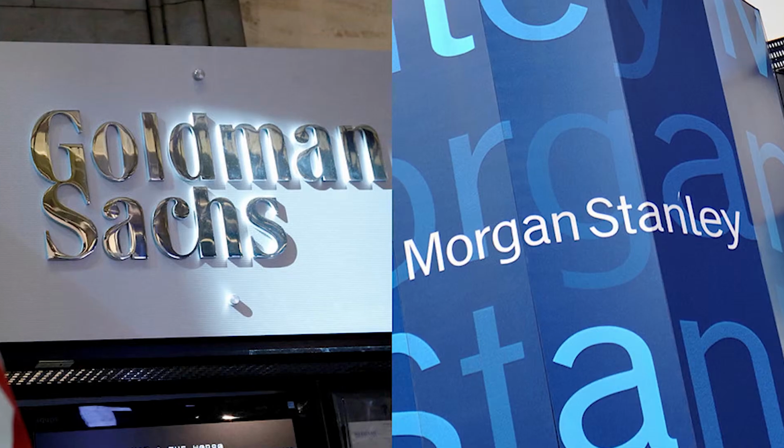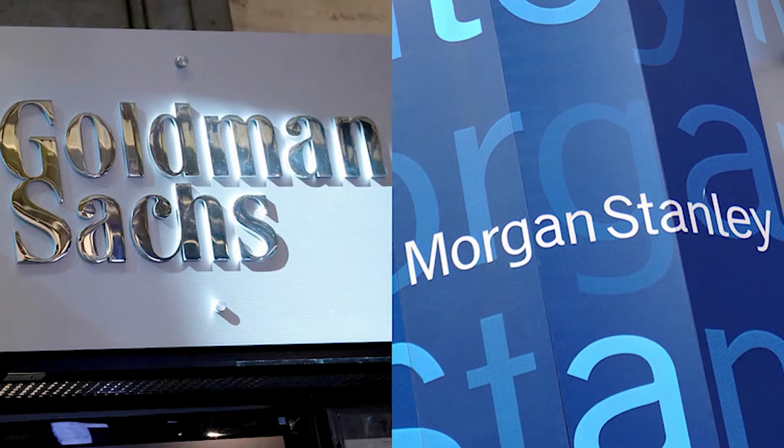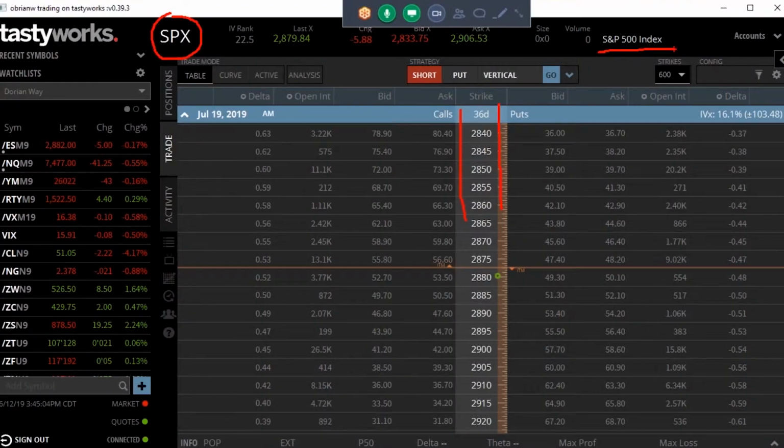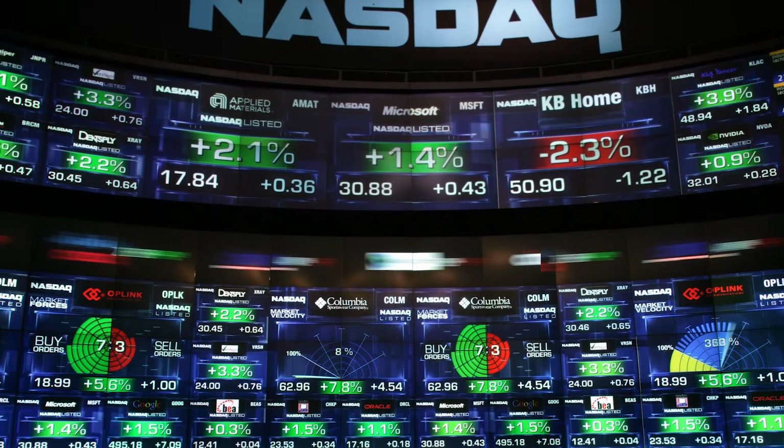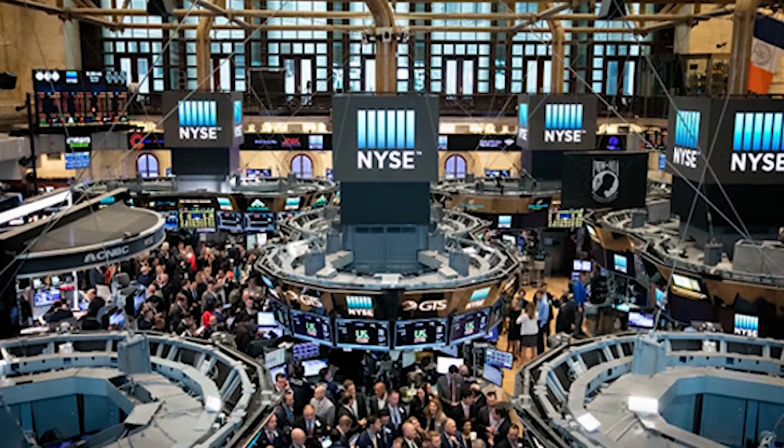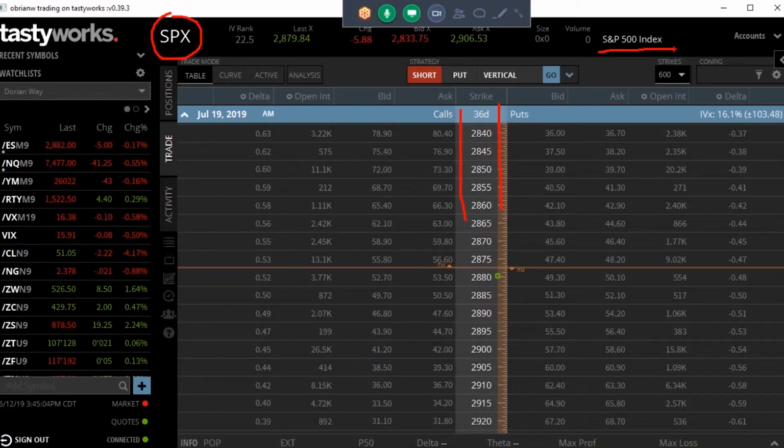Let's say you go to a Morgan Stanley or a Goldman Sachs and you want a non-standardized option, then they will create that for you, but they are your counterparty risk. But when you are buying and selling in the open market on exchanges like the NASDAQ or the New York Stock Exchange, those are standardized and backed by a clearing firm, so you don't have to worry about the counterparty risk, and everyone sees the same strikes.